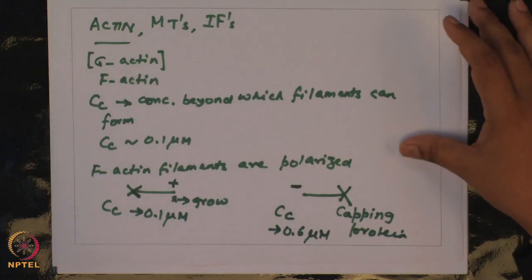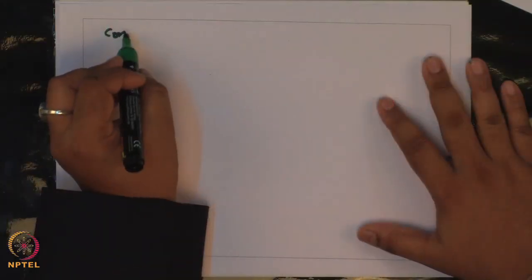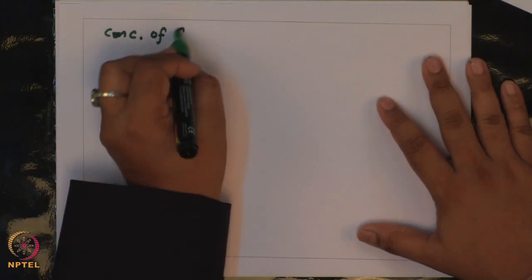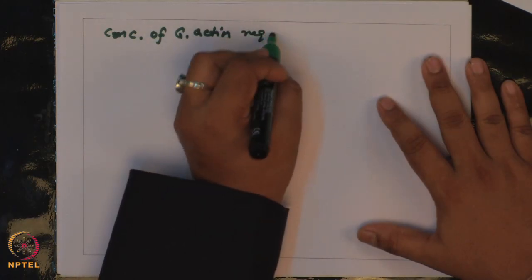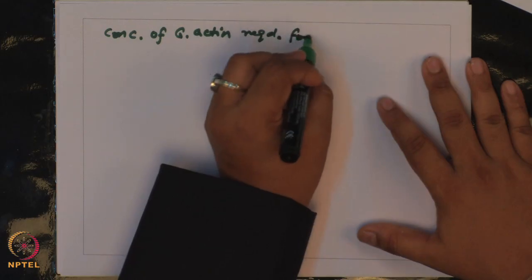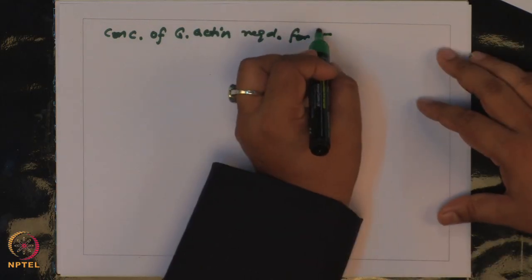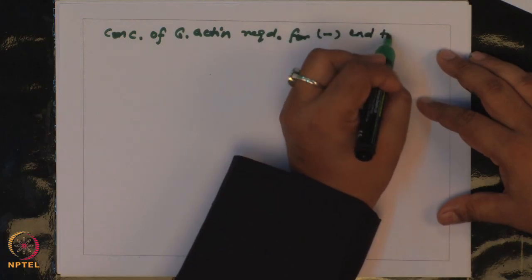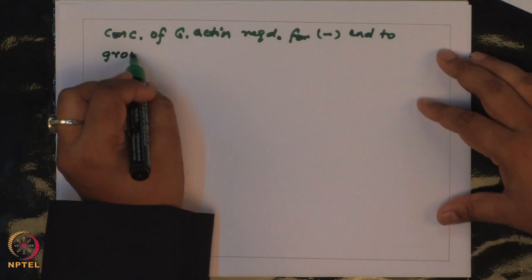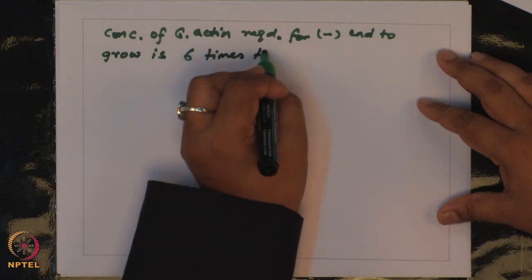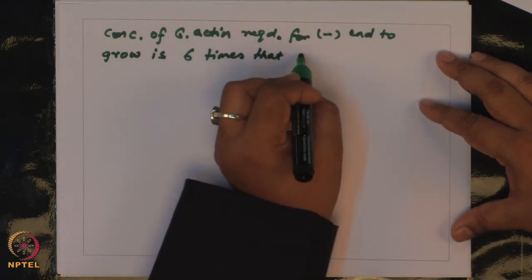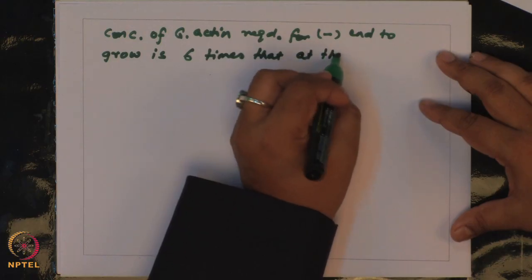So let us say you have two ends. The concentration of G actin required for the minus end to grow is 6 times that at the plus end.